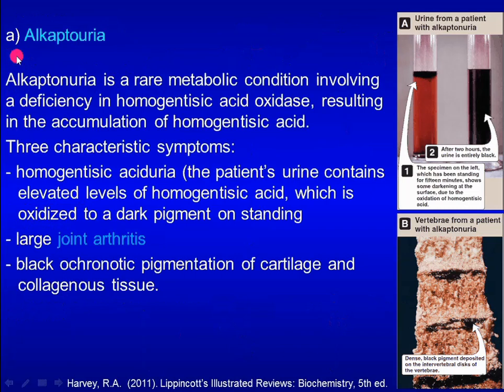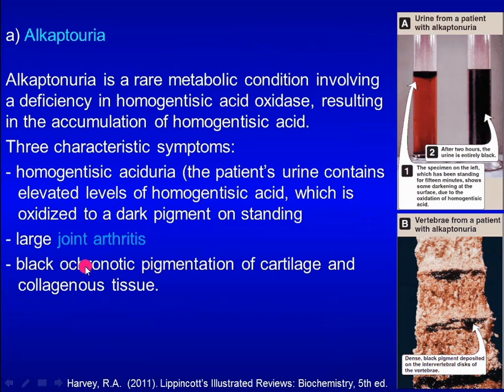Patients with alkaptonuria have homogentisic aciduria. Here is the normal urine, and here is the urine from a patient. The patient's urine contains elevated levels of homogentisic acid, which is oxidized to a dark pigment on standing.